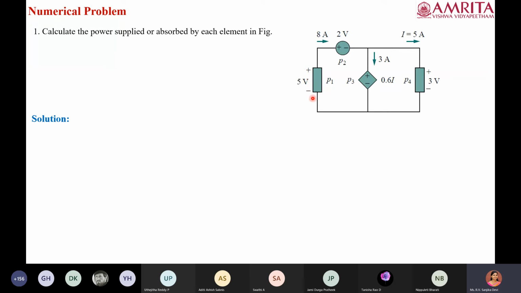Now what is the power absorbed or supplied by the first element? It is minus 40 watt because it is supplying the power. The current is coming out of the positive terminal. So P1 is minus 40 watt.